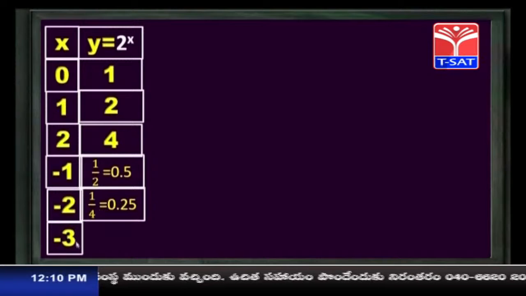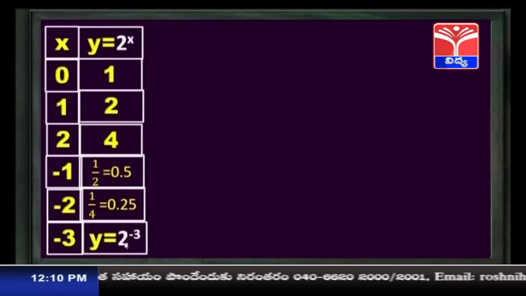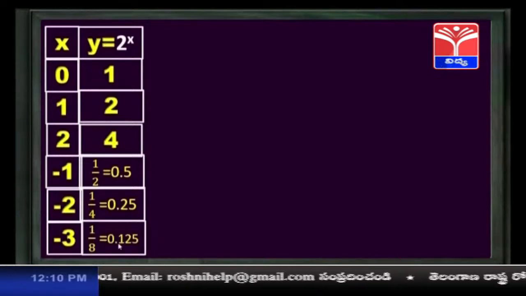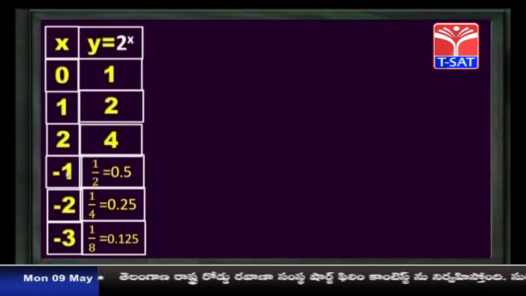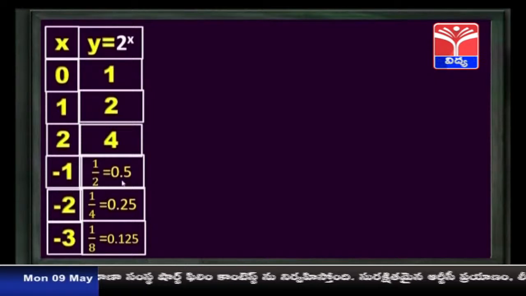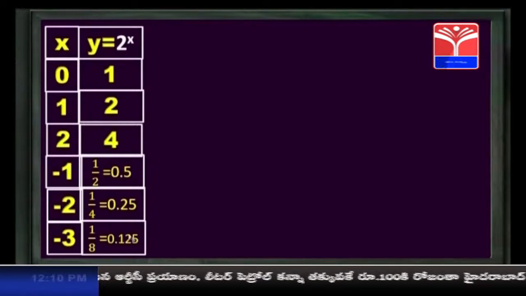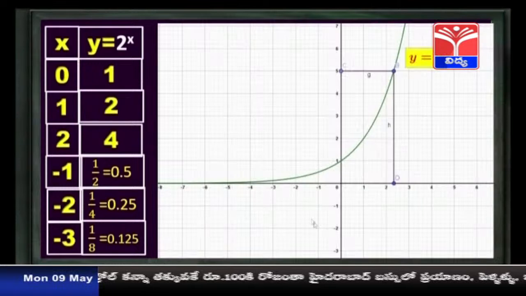Now if we take x is equal to minus 3, then y is equal to 2 power minus 3, which is 1 by 8, equal to 0.125. If we observe, as the x value is decreasing, the y value is also decreasing, but it will never touch 0. Let us see the graph here.